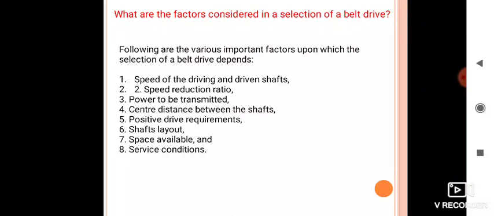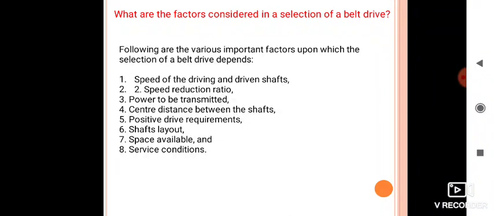Power to be transmitted. What type of power should be transmitted with the help of that belt drive, that we need to study first. Then fourth, center distance between the shafts. How much center distance we are keeping for transmitting from one pulley to another pulley. That distance also plays an important role, so center distance between the shafts is very important.